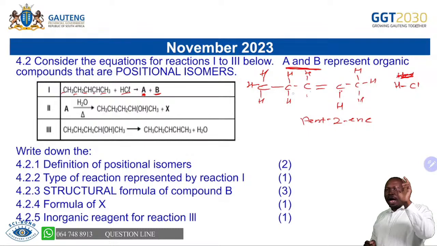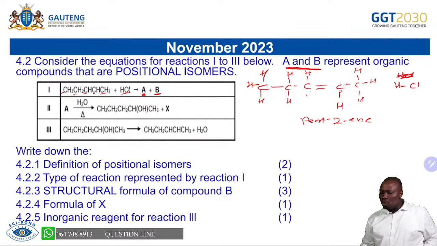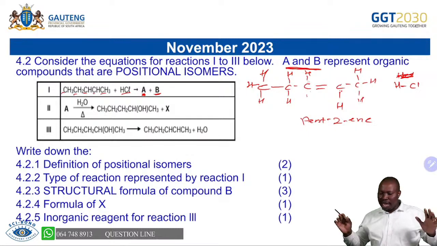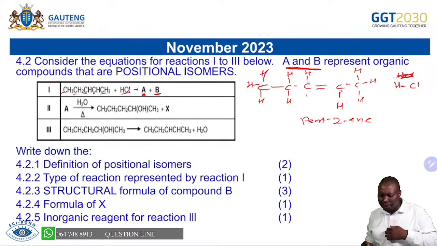So we have 2 answers that can be formed there. Hence, we are saying they are positional isomers. A and B are positional isomers, which means the one is a 2-chloro and the other one is a 3-chloro. 2-chloropentene, the other one will be 3-chloropentene, because when you add HCl, we are breaking down the double bond, we are forming a pentene now. I hope you are moving with me.